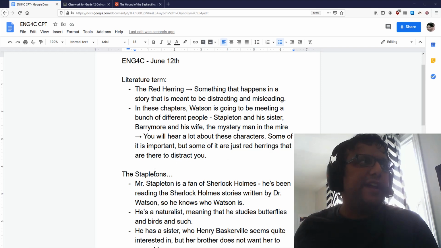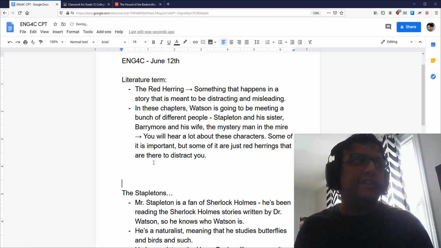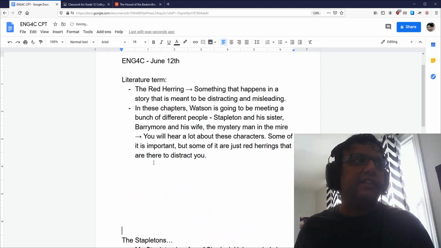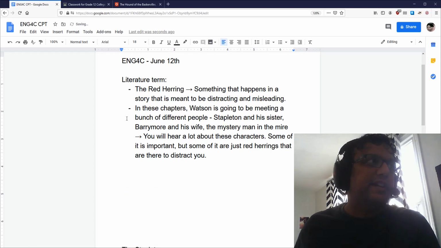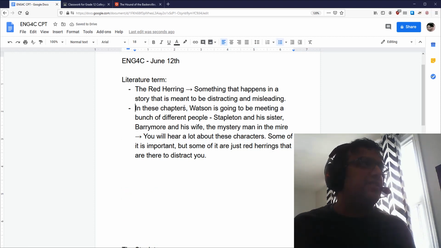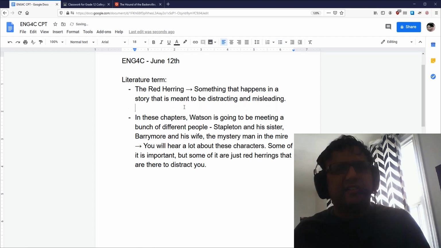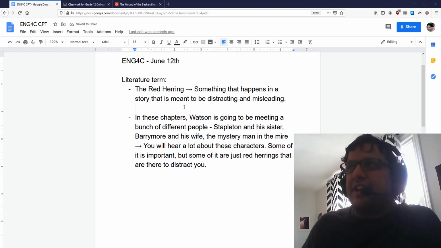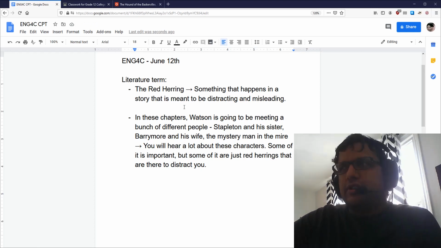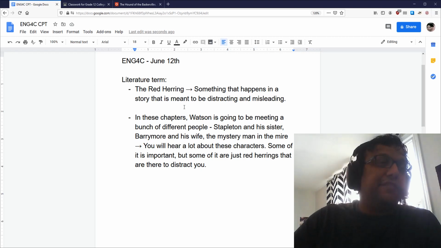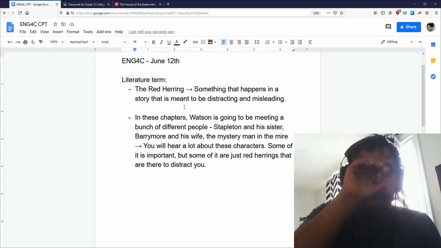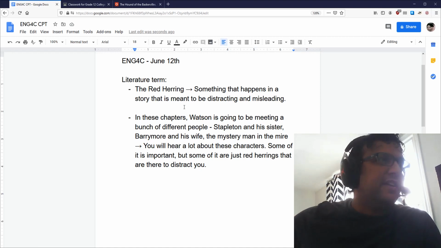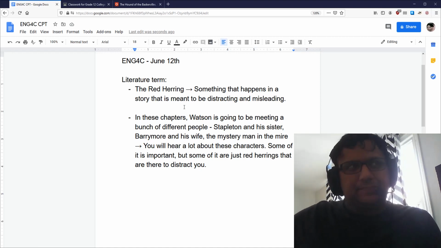A red herring is when you have something in a story that looks like it's important, like it is something significant and something you should really remember, but which turns out to not be very important at all, or turns out to have been a sort of distraction.